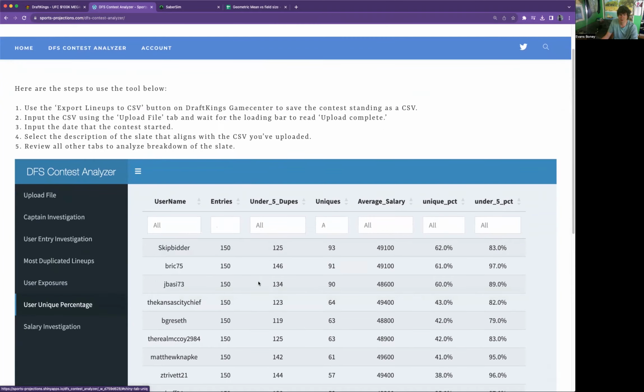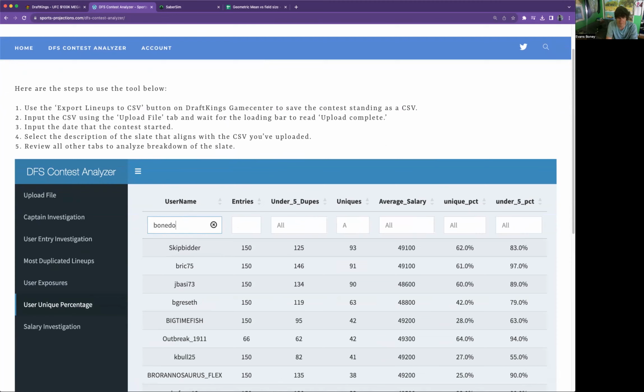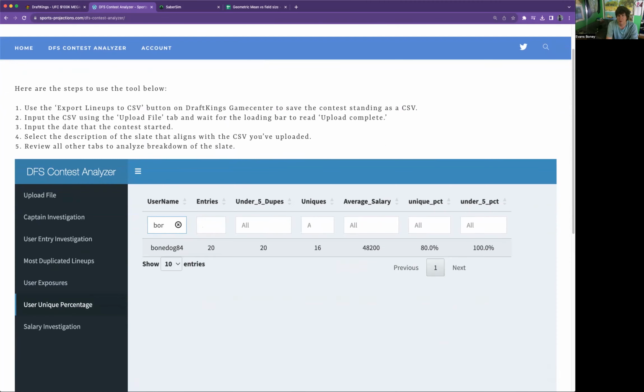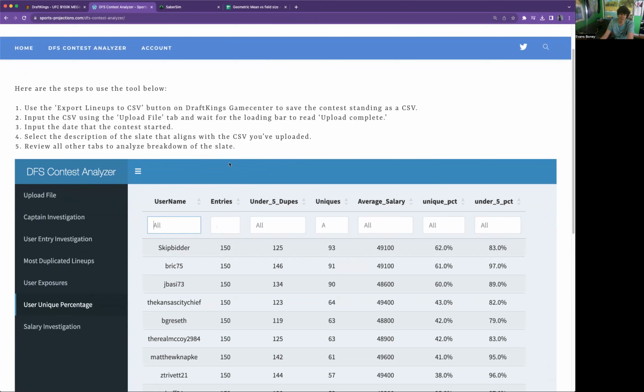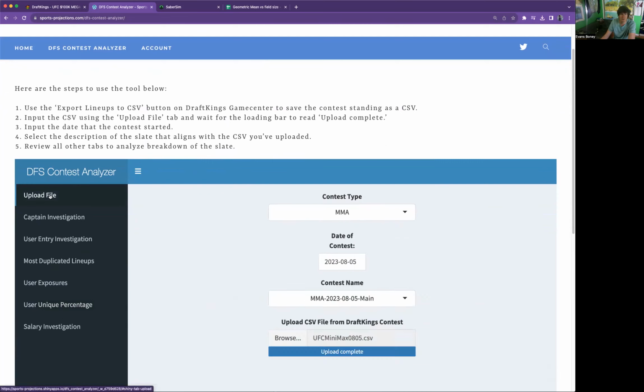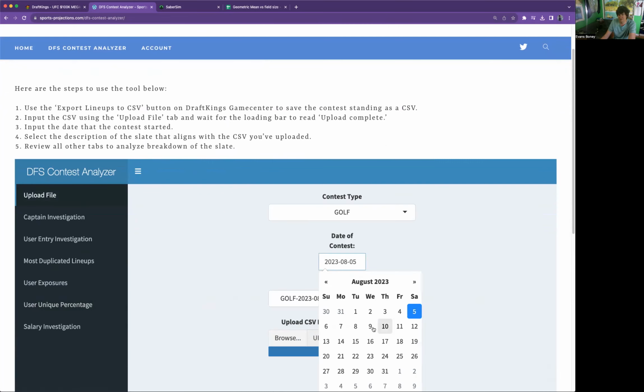Did that update? Yeah, because you don't see some people here. I only put my 20 in everything. You see my average salary is a little low. I leaned a little too far into the underdogs and didn't have enough of the big boys, and that's what hurt me that night.